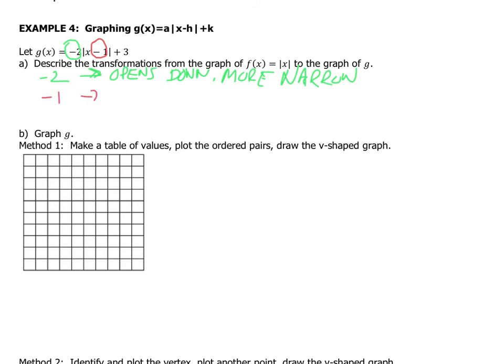Well, negative 1 means on the inside, this is a horizontal shift to the right. So remember what we said. On the inside, it's the opposite of what you think. So a minus 1 means go to the right. Positive means go to the left. If it's on the inside.